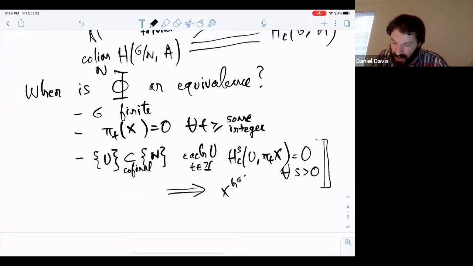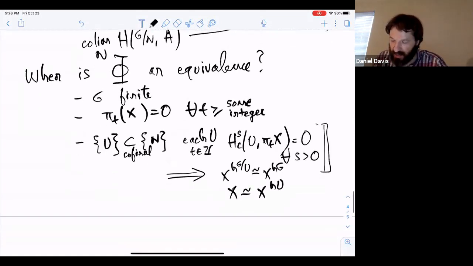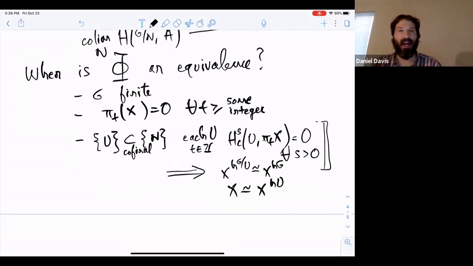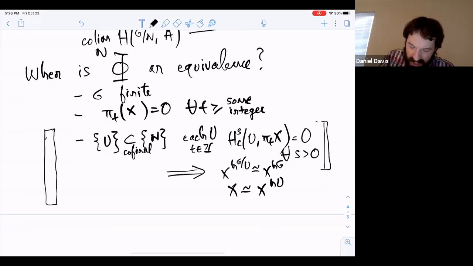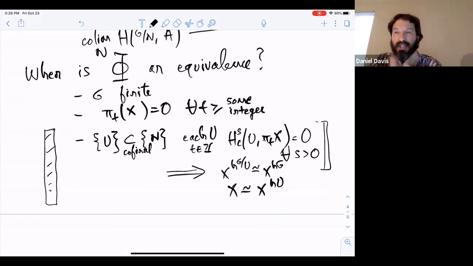They imply that you have this equivalence for every U, and they also imply that you have this equivalence for every U. Okay, and so the conditions here are pretty strong, but I've been able to come up with some examples that I think are pretty interesting. But I suppose I should stop. Yeah, it's 4:28. I think I should stop. But feel free to ask questions.